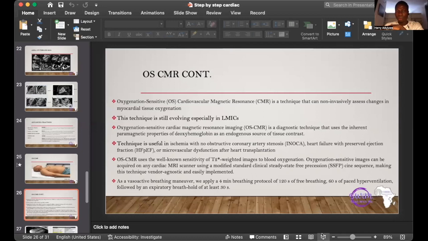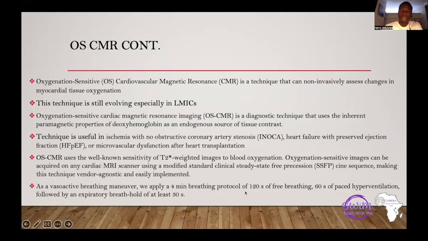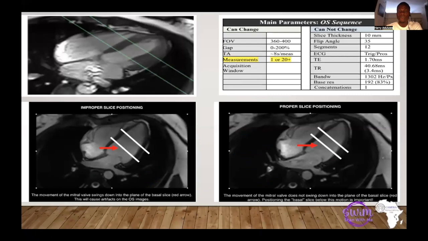Okay. Because there is a shortage of contrast worldwide, scientists are now coming together to design protocols that don't need contrast. So instead of perfusion imaging as we know it, using contrast, we now do oxygen sensitive imaging. You just assess the oxygen intake in the cardiac muscles.